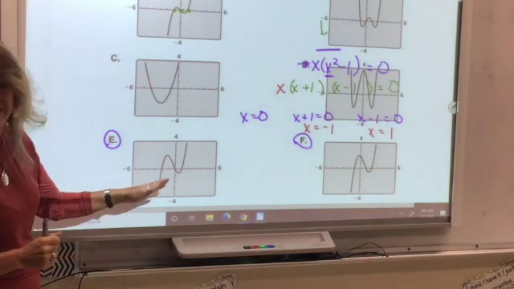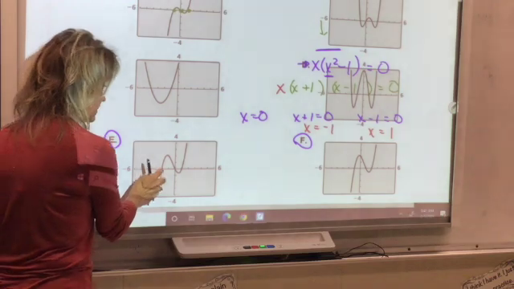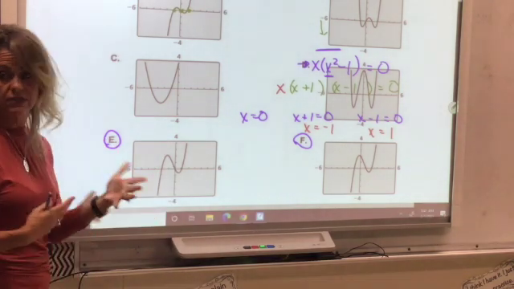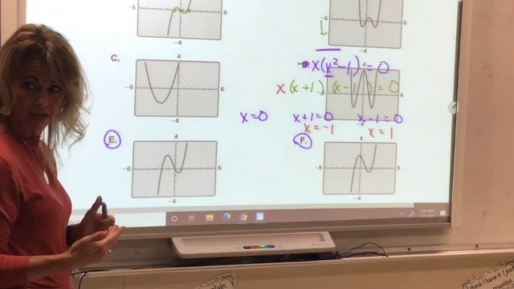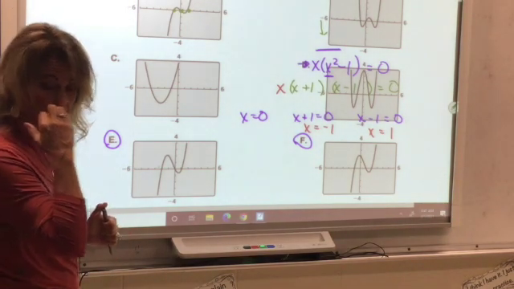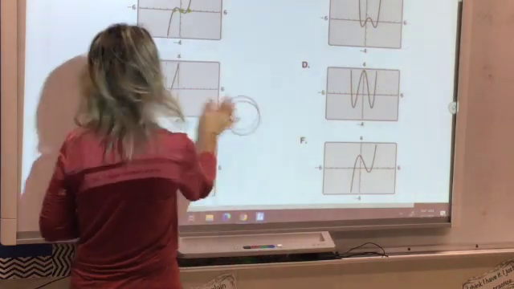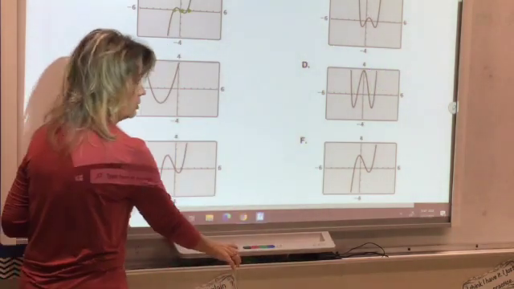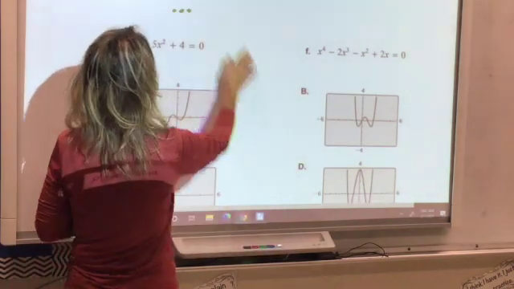How come E couldn't be it? Because it's in a -2. And we have to assume this is a 1 by 1, yes? Okay. Questions? Okay. And we're going to identify graphs by factoring. Are you guys with me? Yes or no? Yes. Okay.